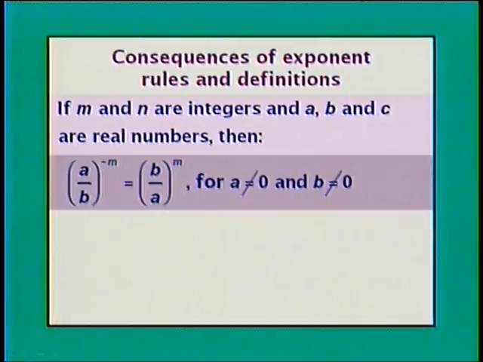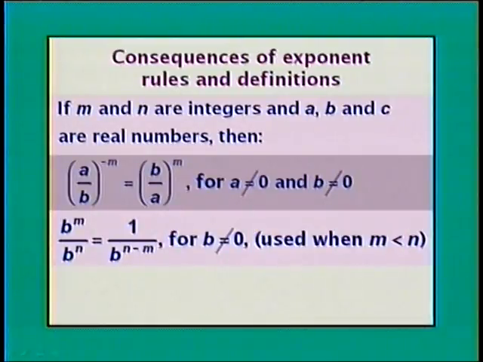One of these consequences is a over b raised to the negative m equals b over a raised to the positive m. We just need to take the reciprocal of what's inside parentheses to change the sign of the exponent outside the parentheses. This next one might look like the quotient rule to you. Notice I put a little parenthetical comment here that we usually use this when m is less than n.